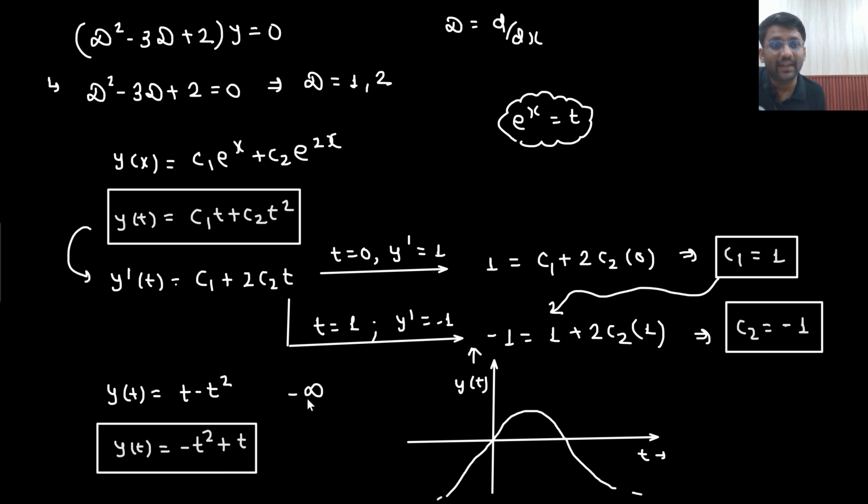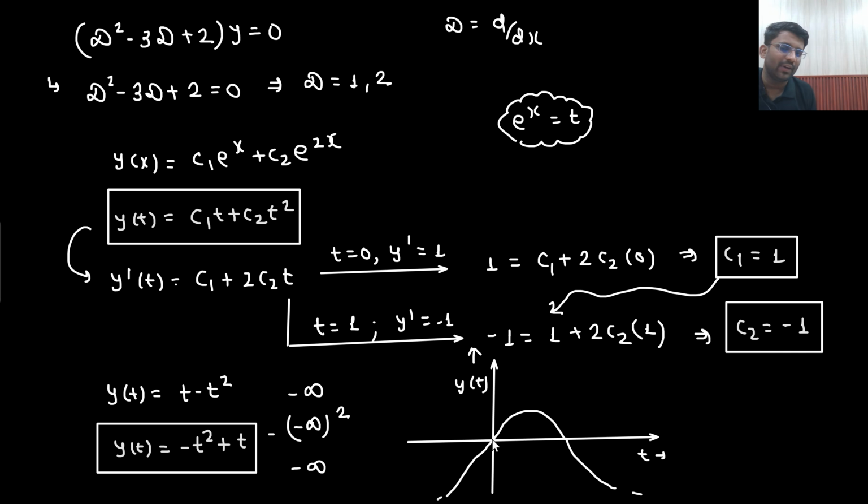And when I put t equals minus infinity, minus infinity square, then minus a, so this will also become minus infinity. That means it will start from minus infinity, then rise up, and then go down to minus infinity again. So from minus infinity to minus infinity.